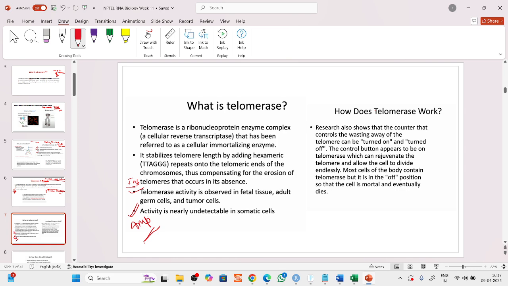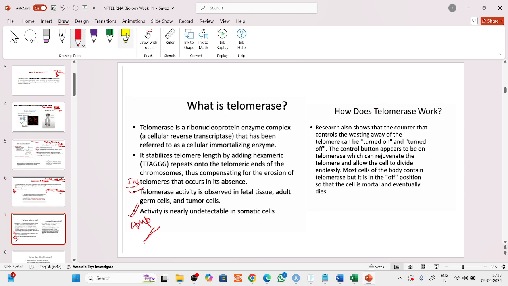Whereas in some cells of the body, the telomerase is in the on position. What are those cells where telomerase is in the on position? Mostly the germ cells and the fetal tissue.